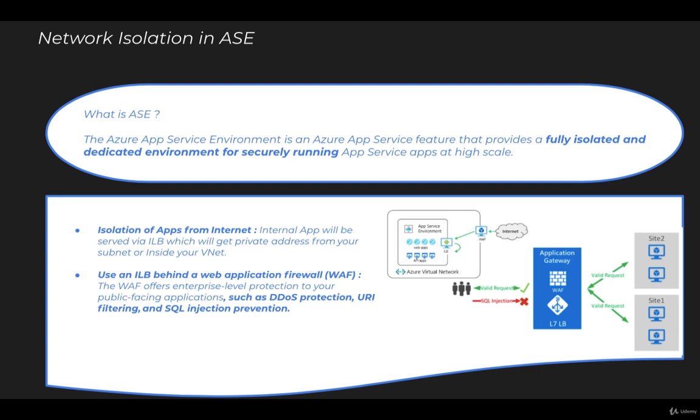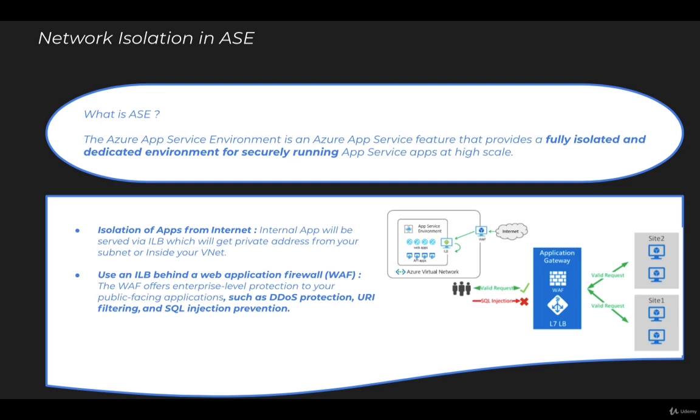Before digging in further, it is crucial to understand what ASE is. You can think of App Service Environment as a private deployment of your Azure web apps in a customer-controlled virtual network where you have full control. You can deploy the web apps within a virtual network, use the features of the virtual network, and access other resources via the private endpoint only.